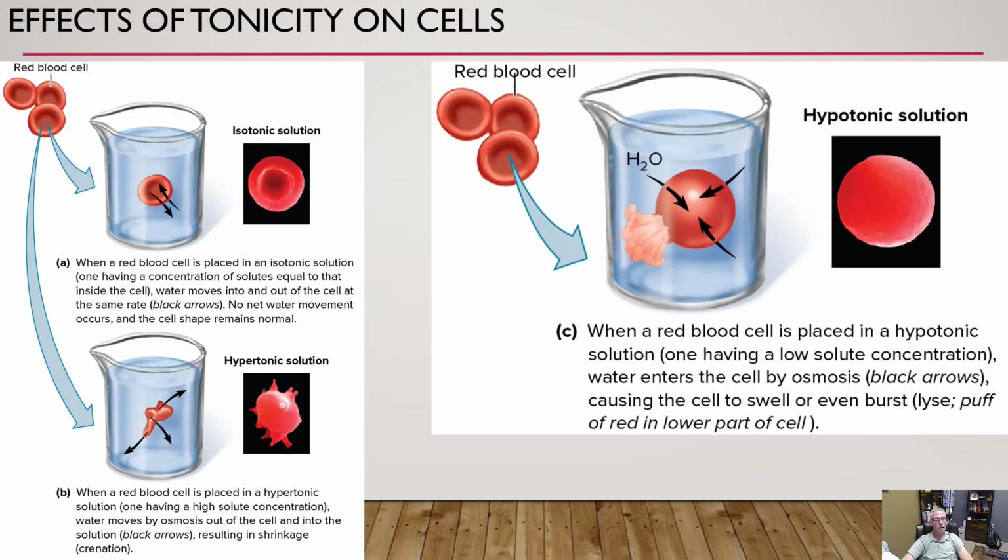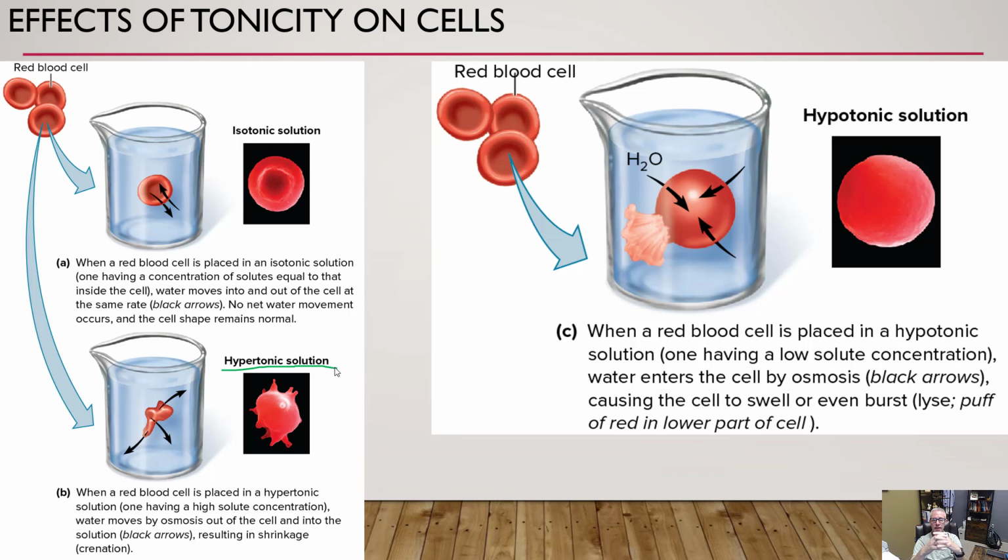So, isotonic solutions: you have the exact same osmotic pressure, so nothing's going to happen. Your cells remain the same. In a hypertonic solution, remember, you're going to have more osmotic pressure inside the cell compared to the blood plasma. So water's going to rush into the cell.